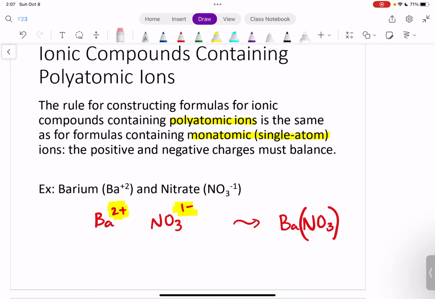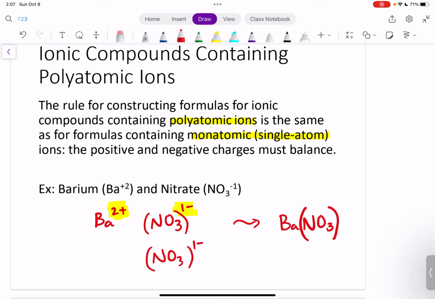So what do we need to do? Yeah, we need to add another nitrate. Let's add another nitrate. So we can do that. That's allowed, right? Just like we could add more fluorines or chlorines up above, we can add more nitrates. So this one has a 1- charge as well, right? Nitrate.